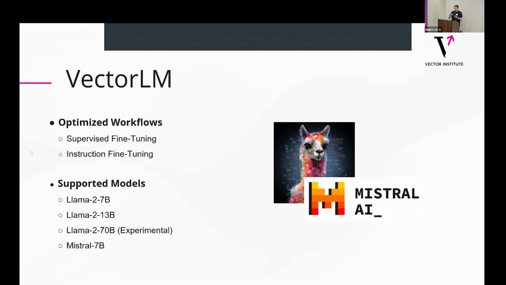And so what's available is you've got everything out of the box. You've got the Slurm scripts. You've got examples to start working on Vector compute. And it's been optimized for that compute. And that's what I'll spend a bit of time talking about today. Some of the design decisions that went into VectorLM, as well as some of the under the hood optimizations that make it reasonably efficient.